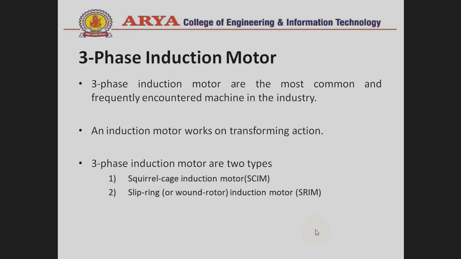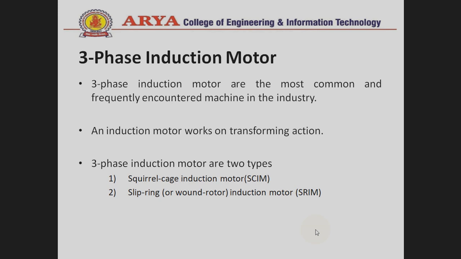And the induction motor works on transforming action. Transforming action means it works as a transformer. In the transformer, there are two types of windings, primary winding and secondary winding. But in the induction motor, voltage is applied to the stator winding and produces an induced voltage in the rotor winding.